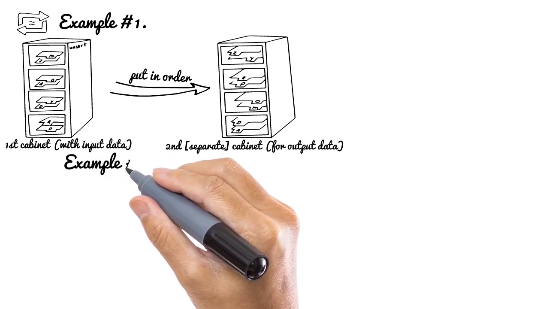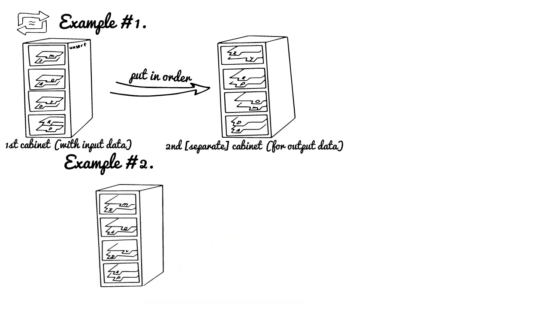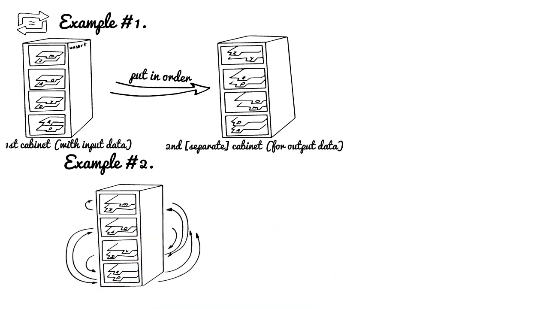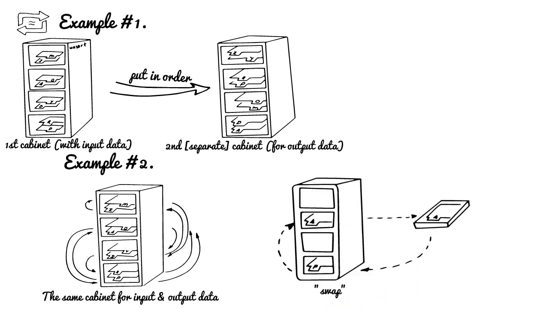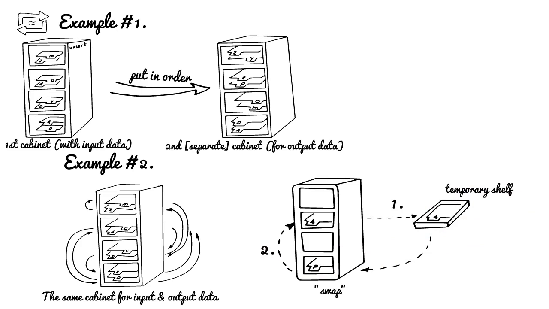And second example is, you compare 2 documents in the same cabinet for the purpose of sorting. Algorithm may just move documents between shelves of the same and the only cabinet. Or sometimes algorithm needs to swap documents, still in the same cabinet, but may not have extra space on any shelf. So it may temporarily take one of the documents out from the cabinet for a while, put second document on its place, and freed up space from the second document needs to be filled by the first document.